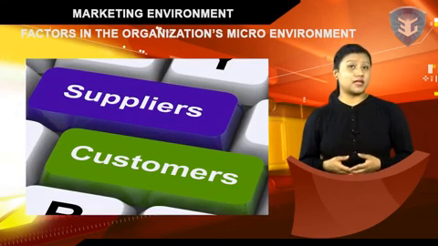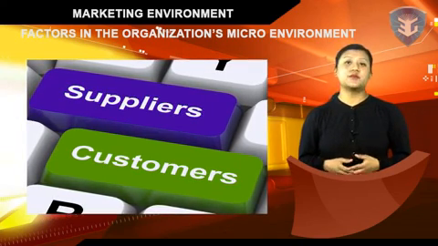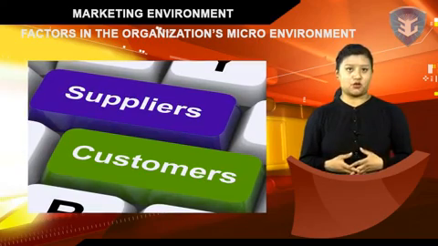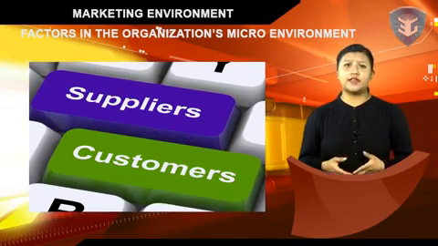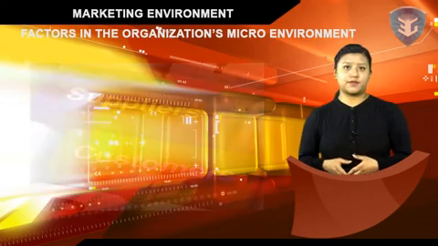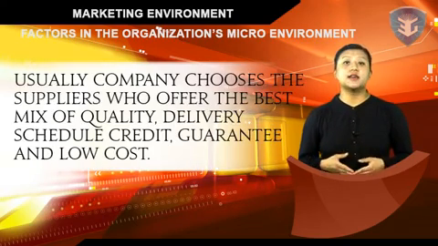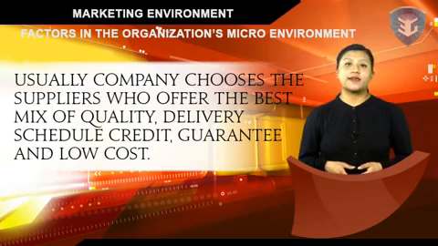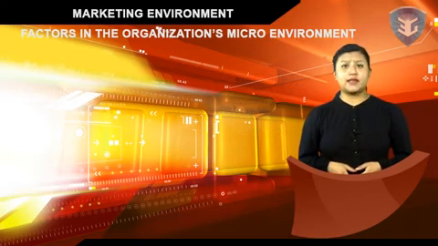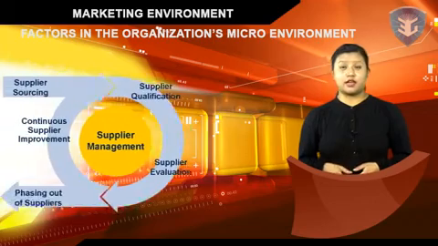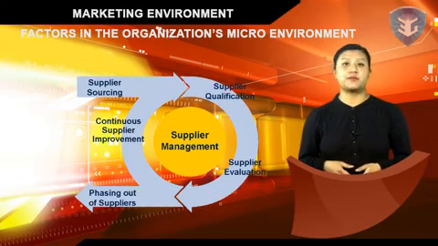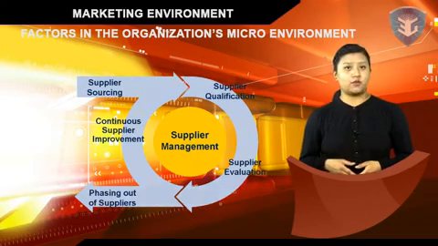When the company decides to buy some of the inputs, it must make certain specifications, call for tender, etc., and then it shortlists the suppliers. Usually, the company chooses the suppliers who offer the best mix of quality, delivery schedule, credit, guarantee and low cost. Any sudden change in the suppliers' environment will have a substantial impact on the company's marketing operations.